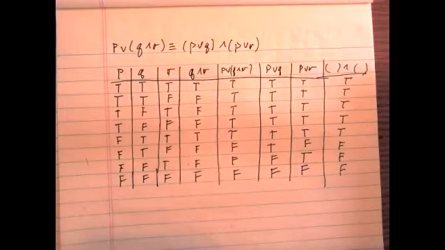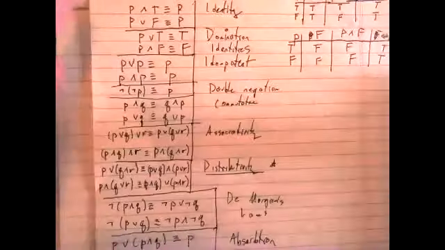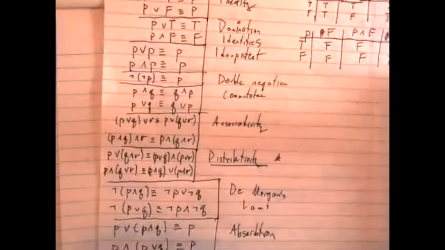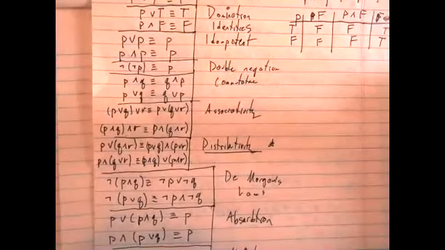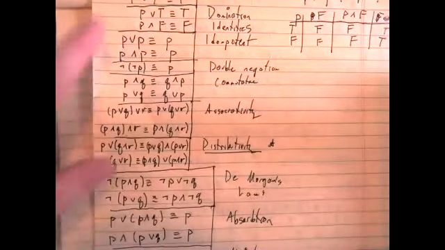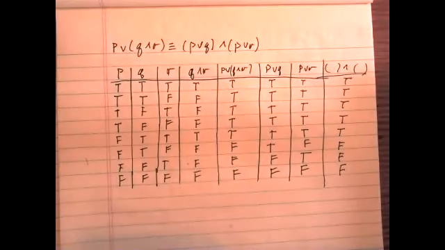The second thing to note is that I can use truth tables to prove this collection of identities. And then what becomes much more efficient when I'm trying to analyze the truth values of propositions is I use these equivalences instead of writing down truth tables. Okay? Any questions here?